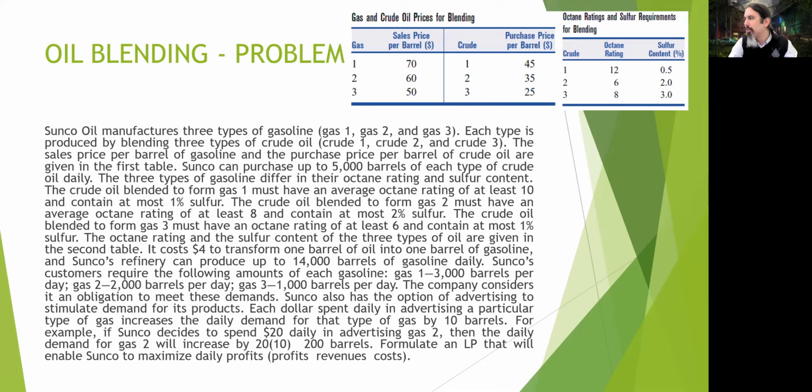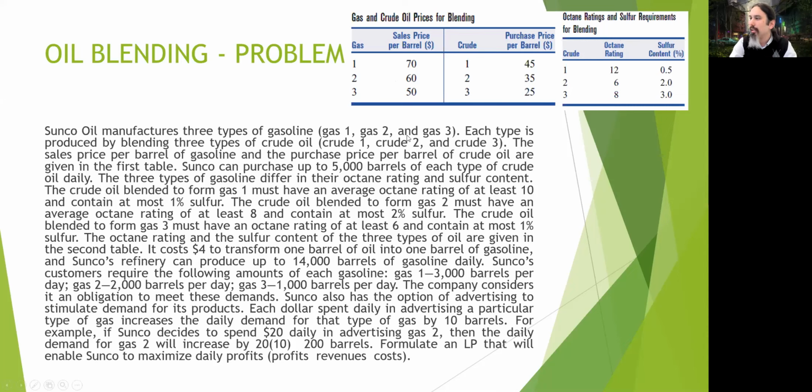Okay, so let's see what we have. Sanco Oil manufactures 3 types of gasoline: gas 1, gas 2, and gas 3. These are our products. We are selling those gases. As you can see, there is a sales price per barrel for gas. Each gas is sold, and there's a crude oil purchased. So we are purchasing oil, turning it into gas and selling it.